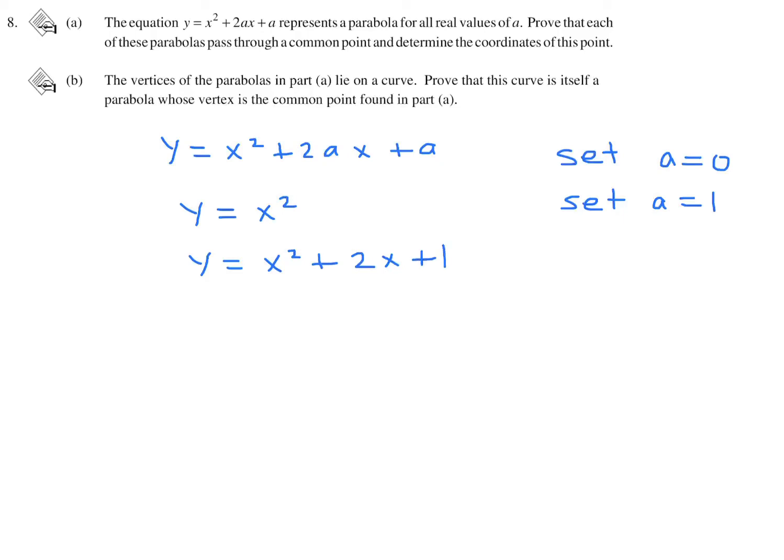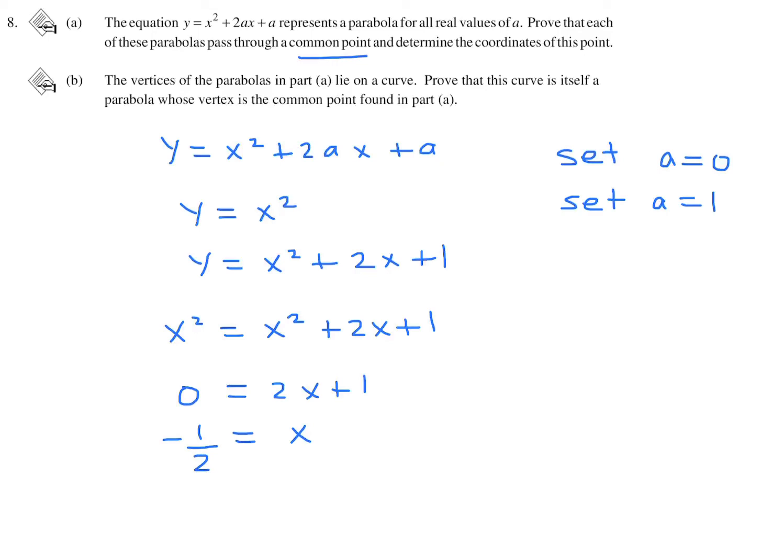Now, that common point is on every single parabola of this form. So we can find it by setting these two equal to each other. So you'd have x squared is equal to x squared plus 2x plus 1, and therefore 0 is equal to 2x plus 1, and therefore x is equal to minus 1 over 2.